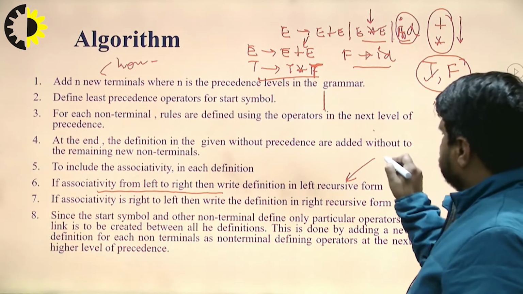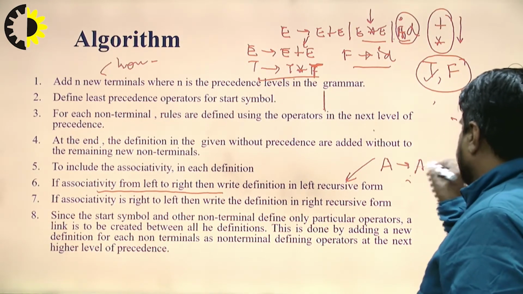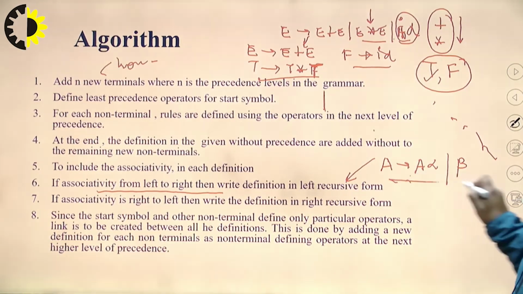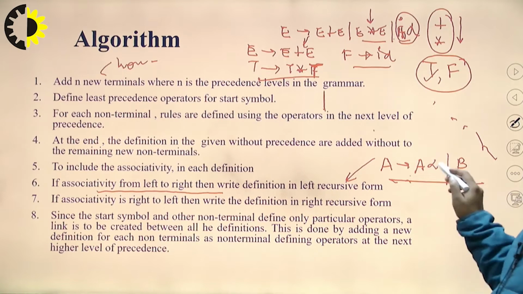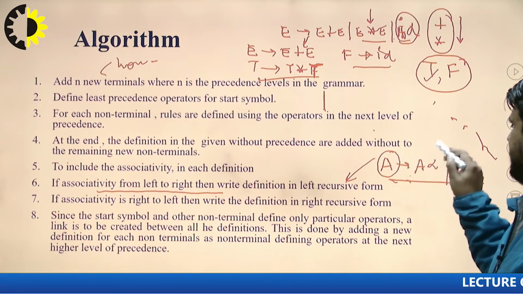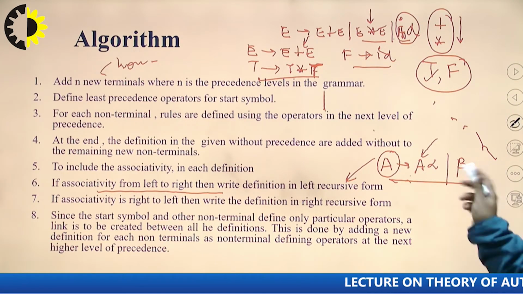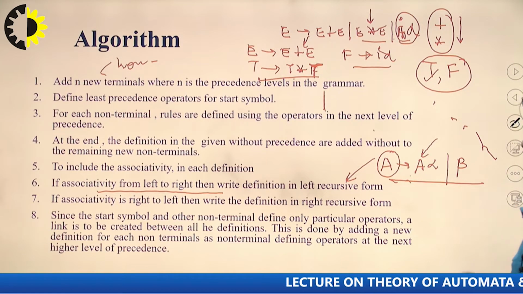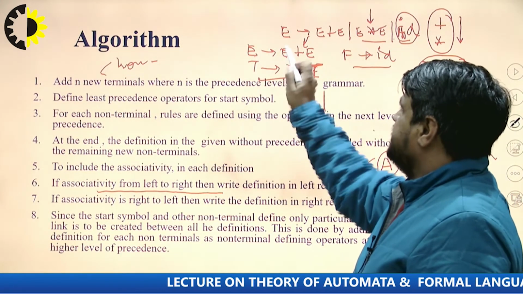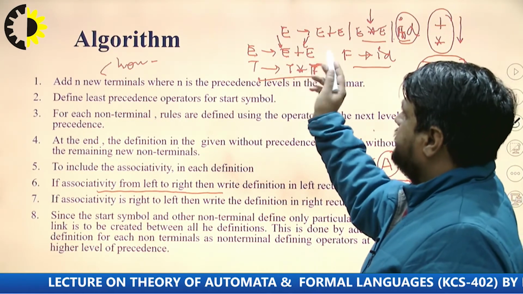What is left recursive? Productions of the form A tends to A alpha or beta. You can see the left hand side non-terminal appears at the extreme left of the right hand side of the production. Then you can say it is left recursive, right? So similarly, you can see E tends to E, and this must appear at the extreme left of the right hand side.